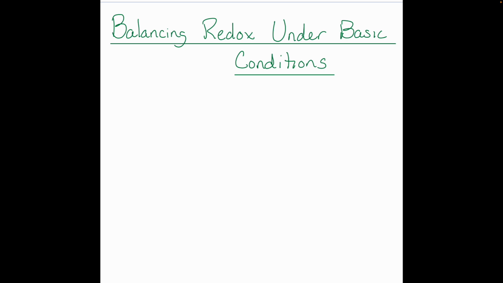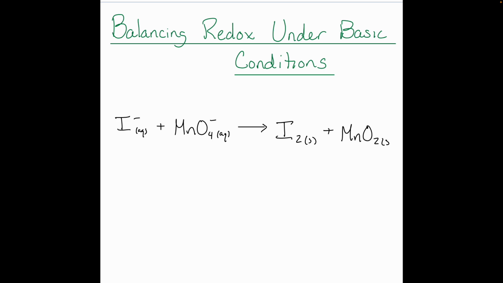Cool. All right. So we're going to take iodide, combine it with that permanganate ion. This is going to create iodine and manganese 4 oxide.